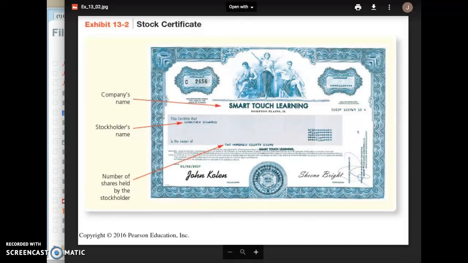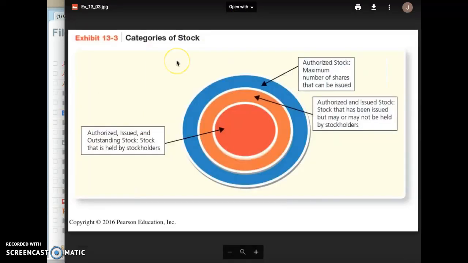but it works the same way. Now, this actually is an important exhibit because it explains basically the subsets of the types of stock amounts you're going to be seeing in the homework and in the problems. There's a difference between having authorized issues.